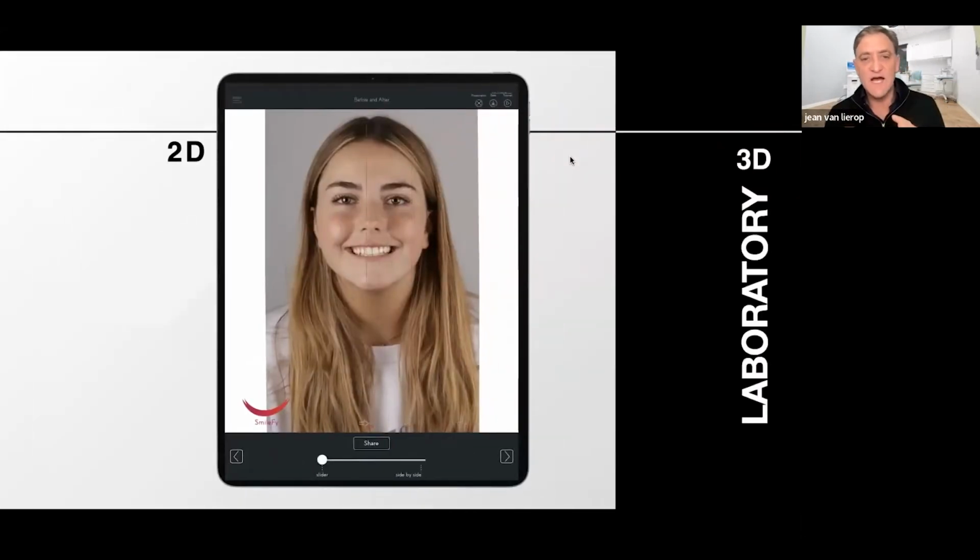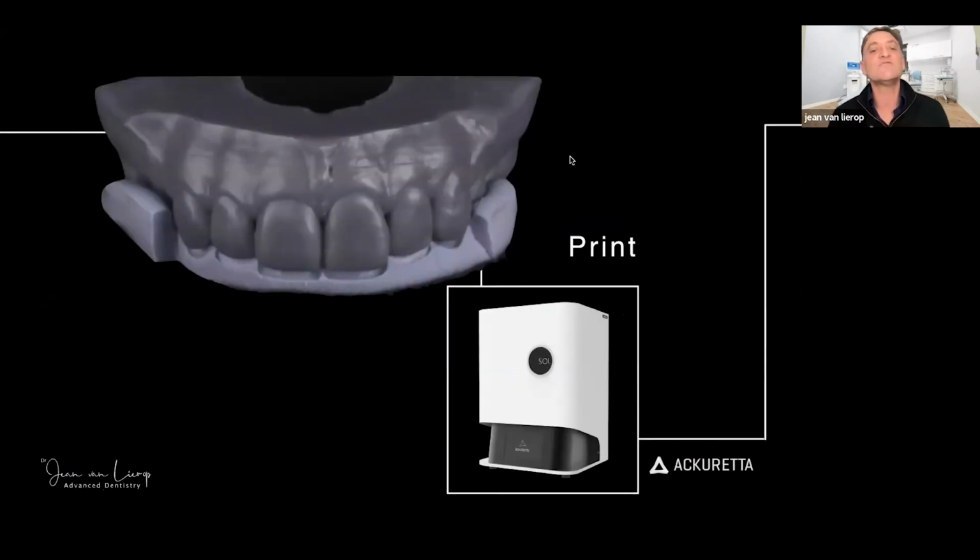So from our 2D design, where we can now sit with the patient and show the patient exactly what we want to achieve, and we get their buy-in, we then take that information and share it with the laboratory, and the laboratory is able to convert that two-dimensionally into a three-dimensional analog realm. In other words, we move from 2D into a 3D design, and that 3D design then comes to us as a three-dimensional printed model. So we work within a digital realm until we connect into the analog realm again.